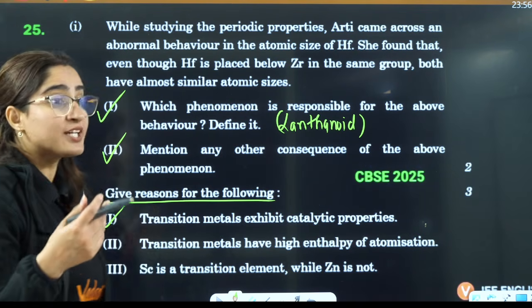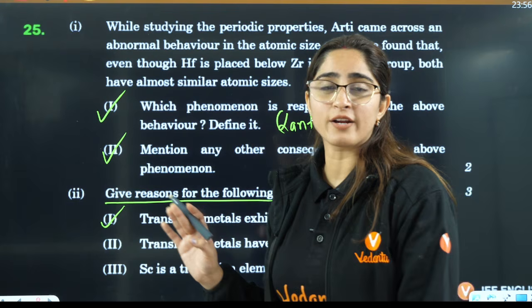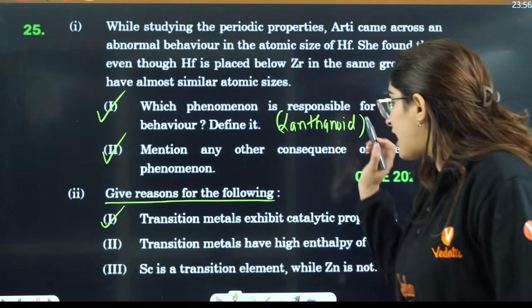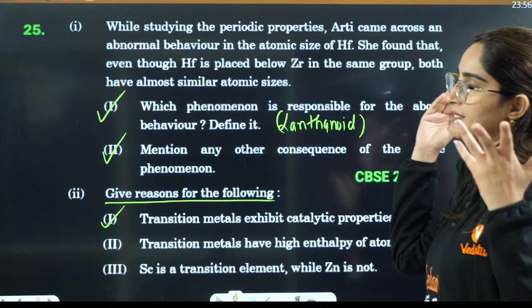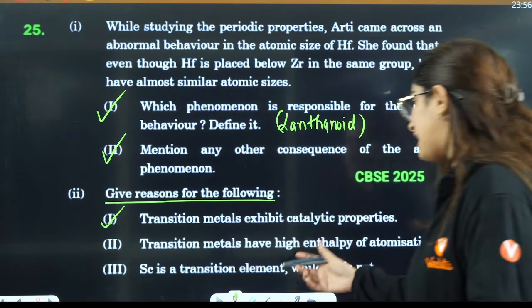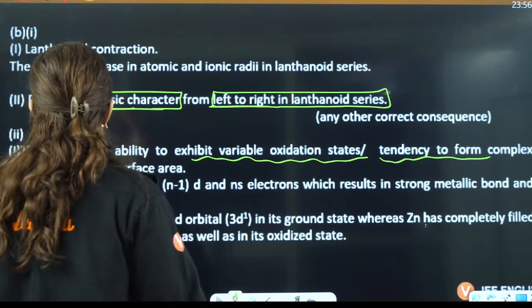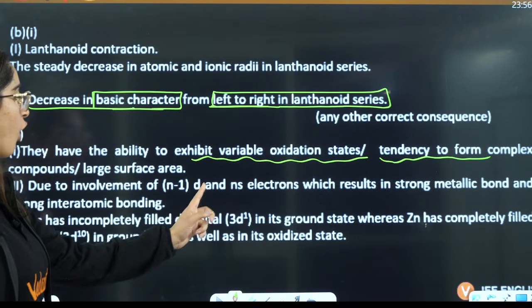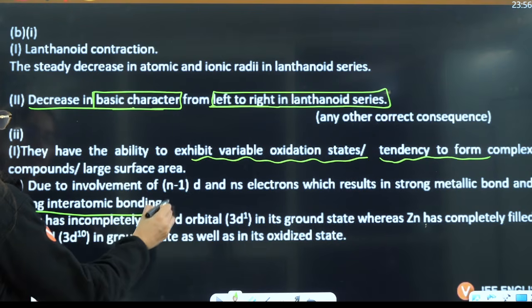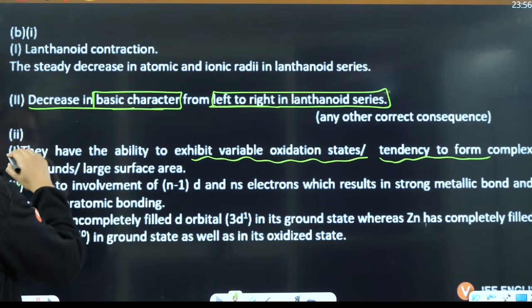So that's why I'm saying it's very easy to get marks in inorganic chemistry. So many repeated questions are there. Transition metals have high enthalpy of atomization because they have more unpaired electrons; the more the unpaired electrons, the more the enthalpy of atomization, that is the reason, right? So you can see this over here, due to involvement of (n-1)d electrons, which results in strong metallic bonding and strong interatomic bonding, right?